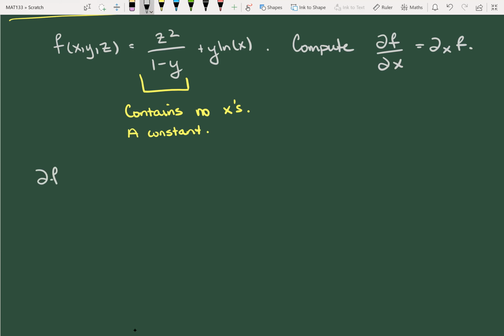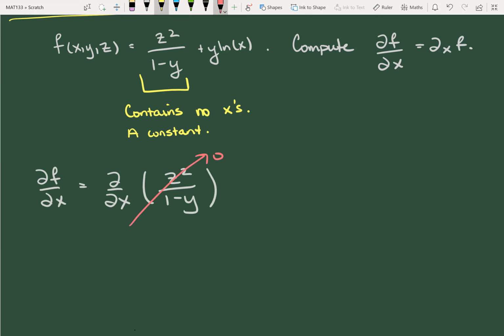So when I compute the partial of f with respect to x, that's going to give me the partial with respect to x of z squared times (1 minus y). That whole thing is going to be a big old 0 because it has no x's in it. And then I'm going to compute the derivative with respect to x of y ln x.